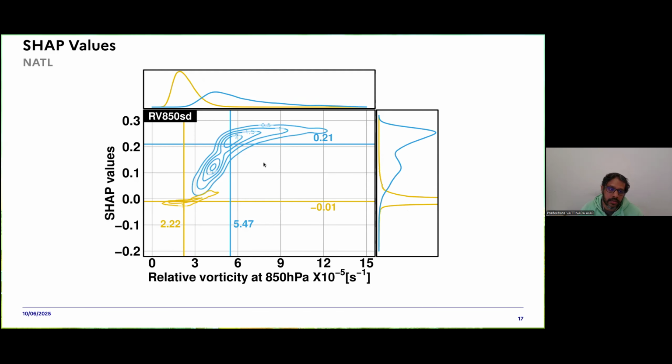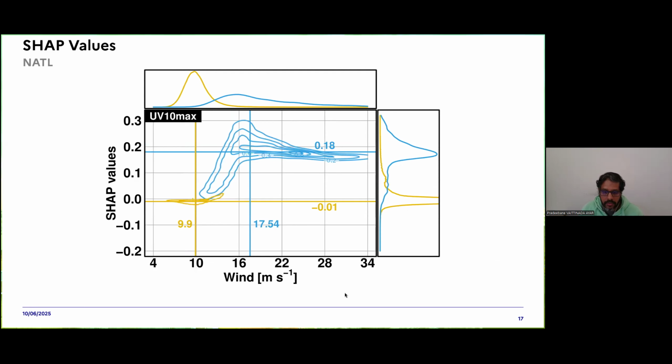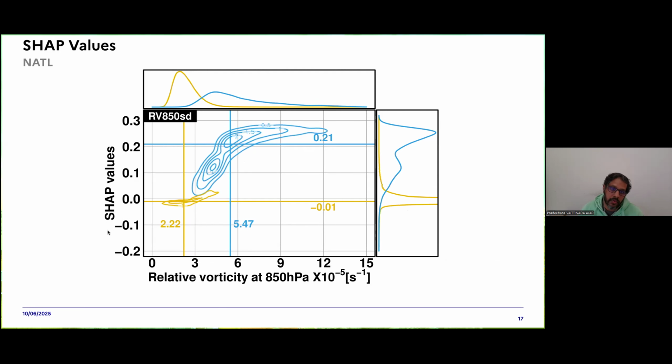Then I looked into the SHAP values. This is what I explained: you have the physical variable on the x-axis and the SHAP values associated with that variable, and you can see that its contribution increases with its intensity, which is quite logical. Then at some point, when you reach a certain value, its contribution does not increase; it stays stable. This is for the relative vorticity.